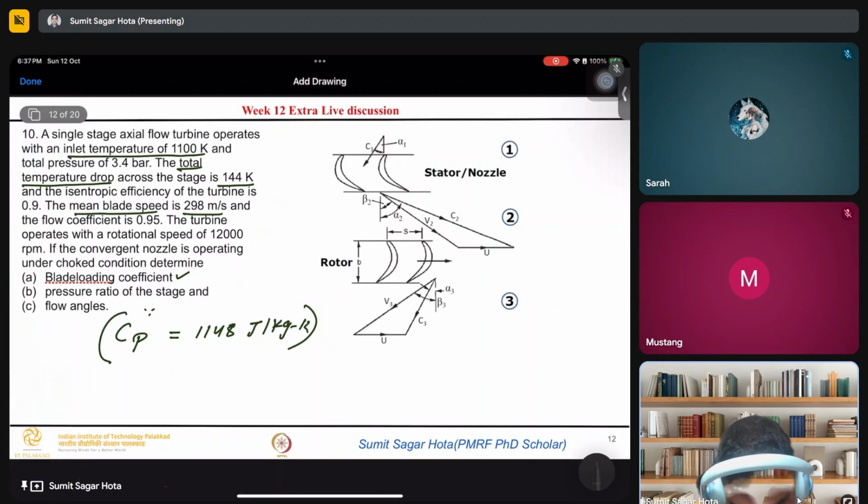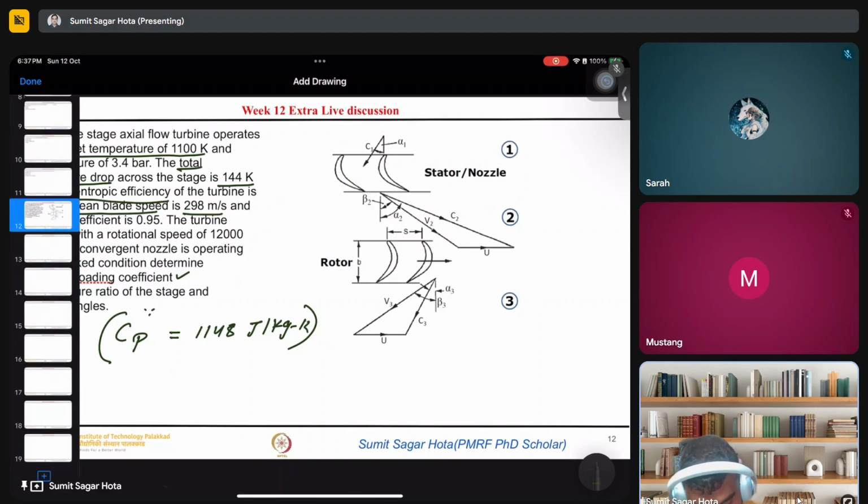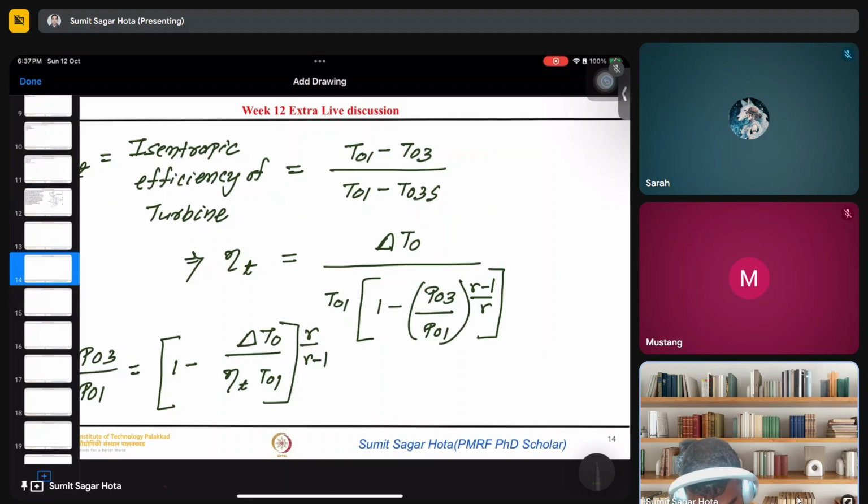And the isentropic efficiency of the turbine is given as 0.9. So eta T is 0.9.